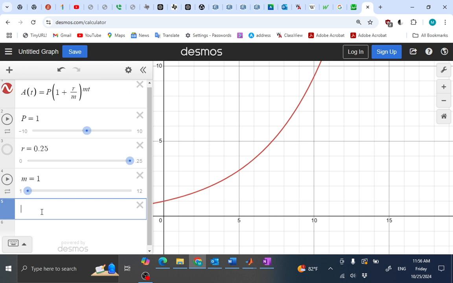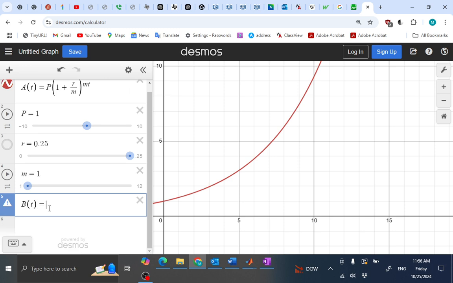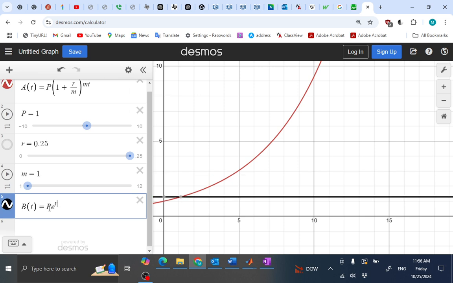accrued amount, when you're using continuous compound interest, meaning when m is infinity, let me use the letter B for that. B of t is equal to the same principal times e to the power of rt.